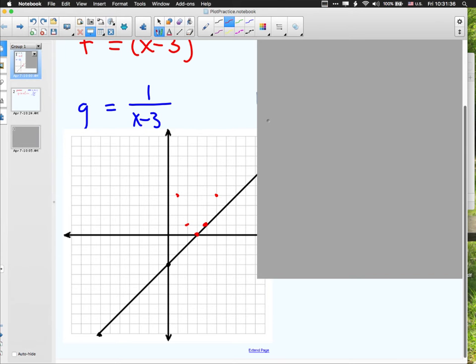If we go over 1 more, how much do we go up? 3. Nope. 6. First we went up 1, then we went up 3, then we're going to go up 5. Which makes sense, right? Because we're 3 away, that's like 9. Right, 3 squared.